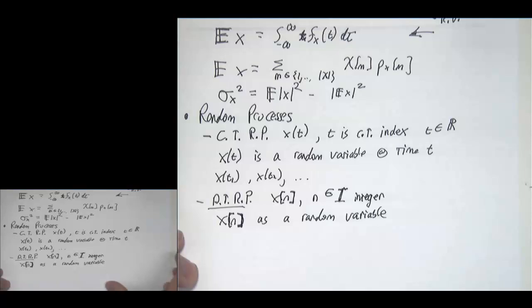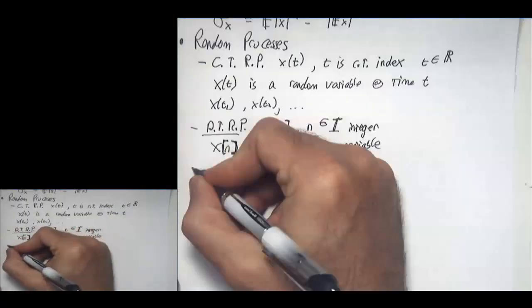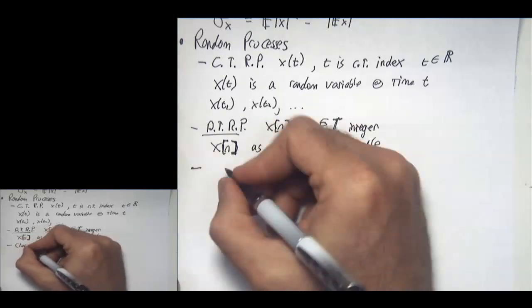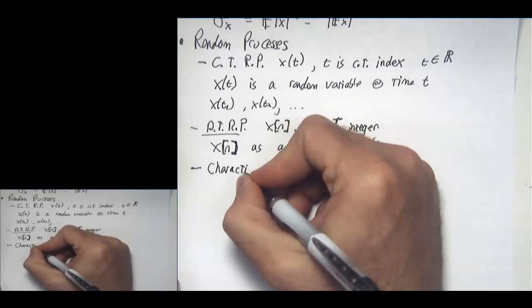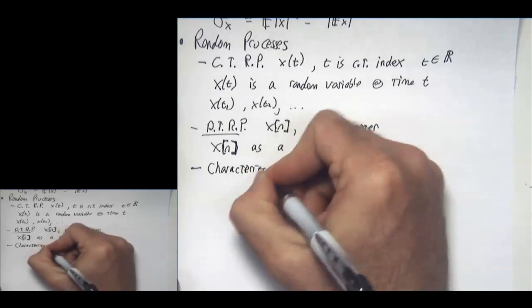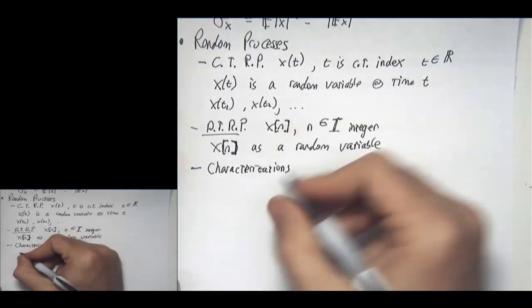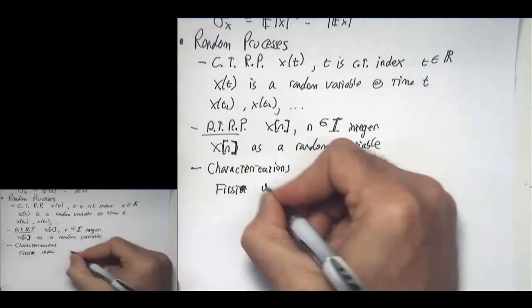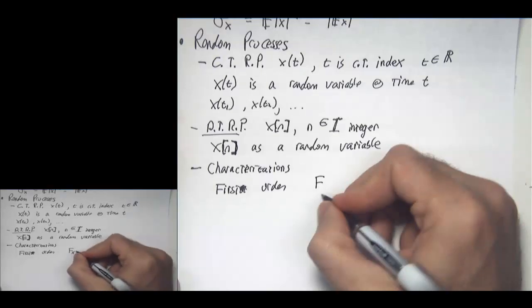And then there are different ways to characterize these random processes, essentially by what you know about the process. So first order characterization is that you know the cumulative distribution function, or equivalently the probability distribution function, for every n.